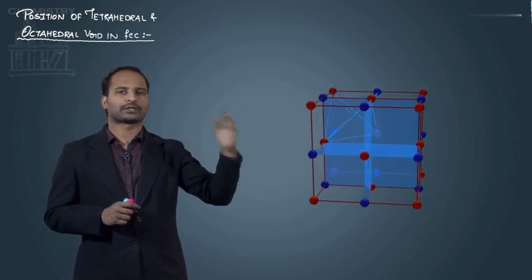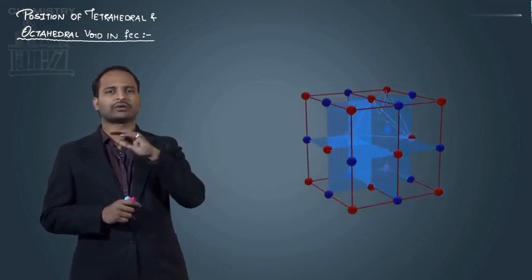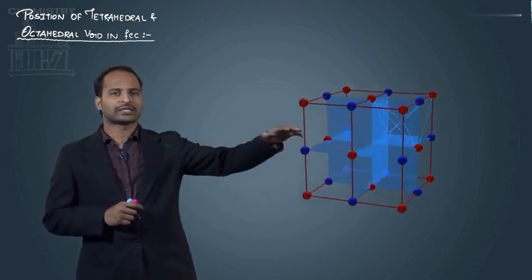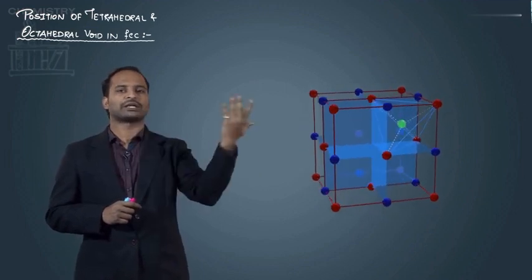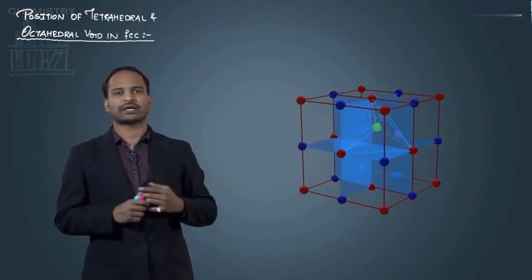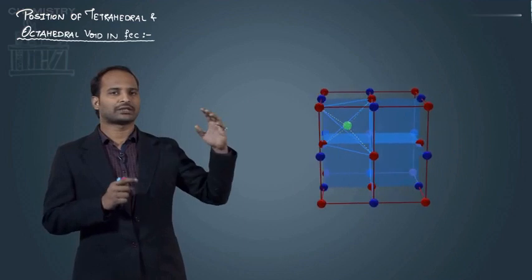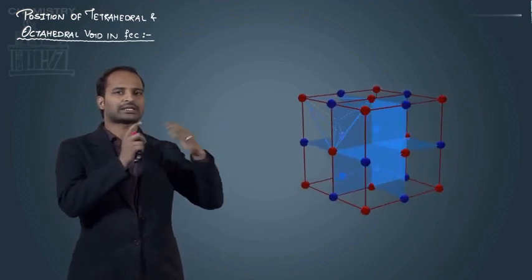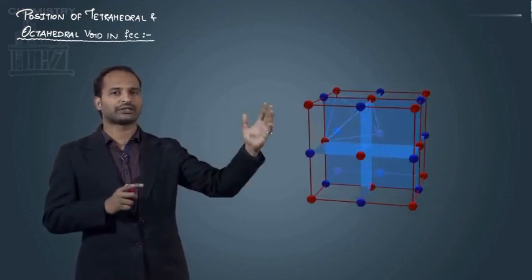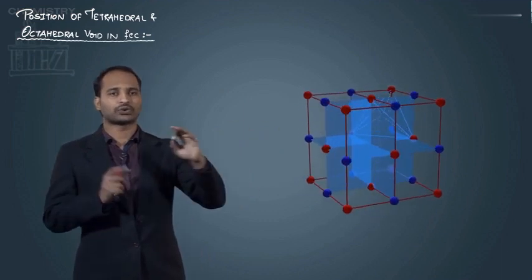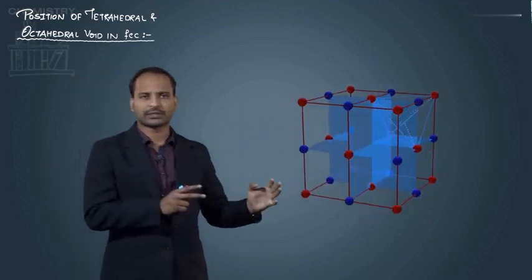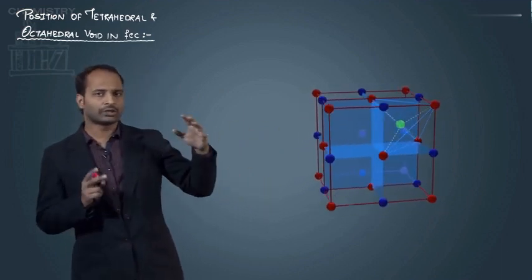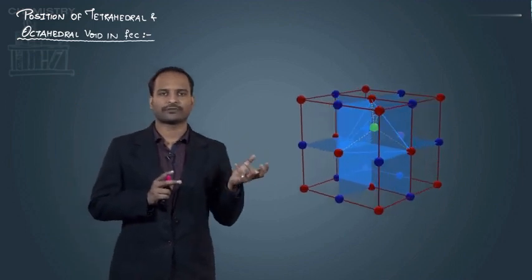Then I'm dividing it horizontally also, in this plane, and then in this plane. So ultimately, 3 different planes are drawn in between to divide the whole cubic cell into 8 different parts.